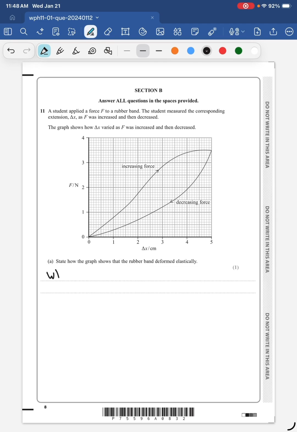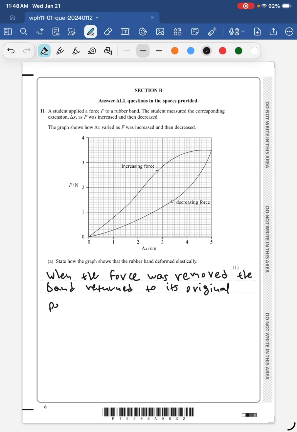So the answer is that when the force was removed, the band returned to its original position.